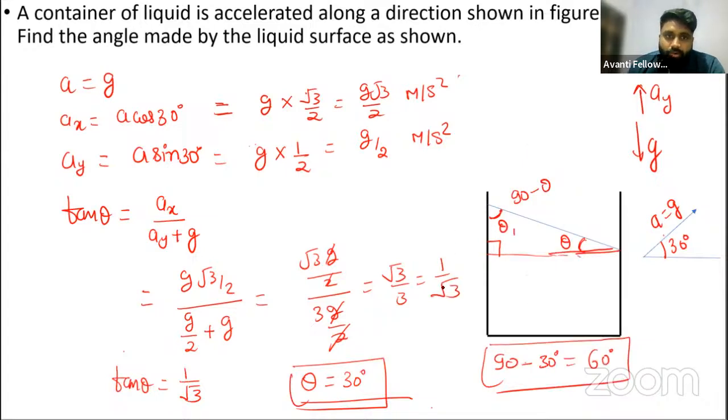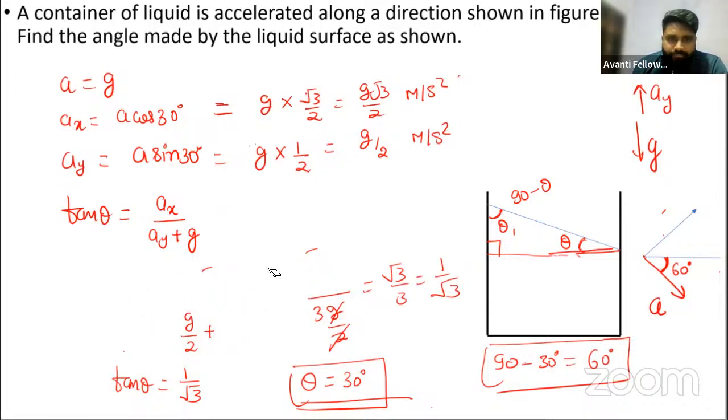Now try to calculate the answer if the direction of acceleration is in this direction and this time this angle is given to you as 60 degree. I'm giving you 1 minute to solve this question because now you got the formula. Just try to apply it and calculate the value.